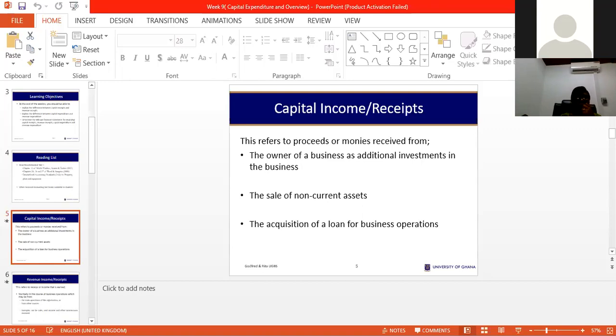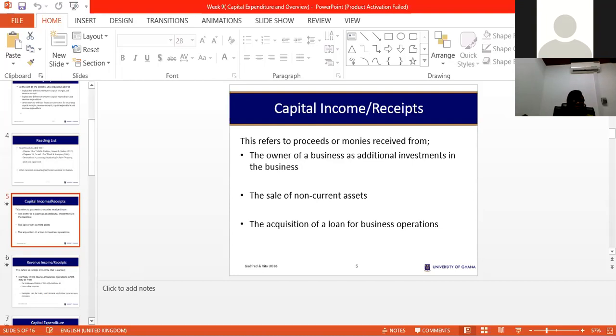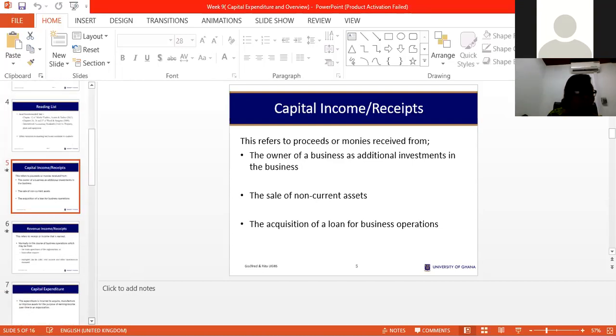When you acquire a loan for business operation from the bank, nobody will go and acquire some small amount of money. And so that also represents capital receipts.